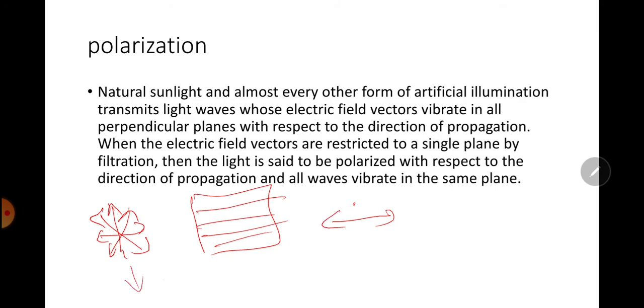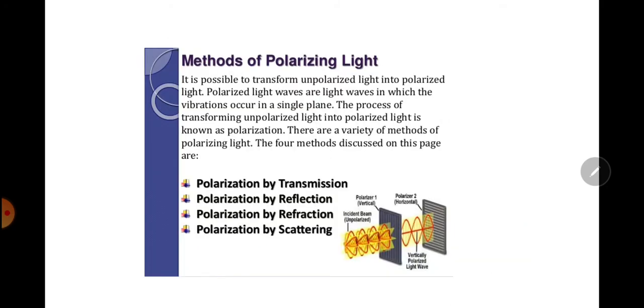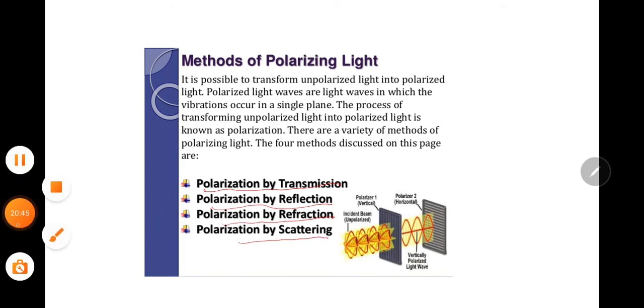This is ordinary light, which is unpolarized light, and this is polarized light. Now, different types of polarization: polarization by transmission, polarization by reflection, refraction, scattering, and applications. We have done this, so revise it accordingly.